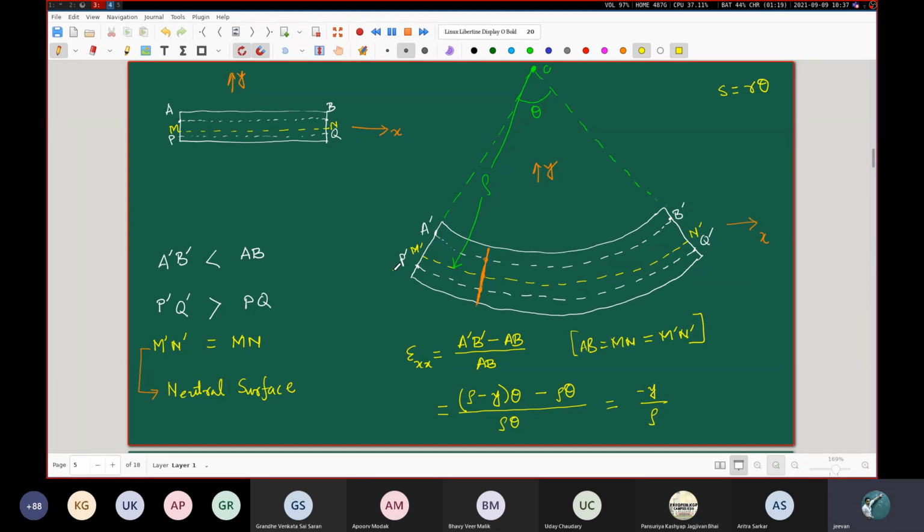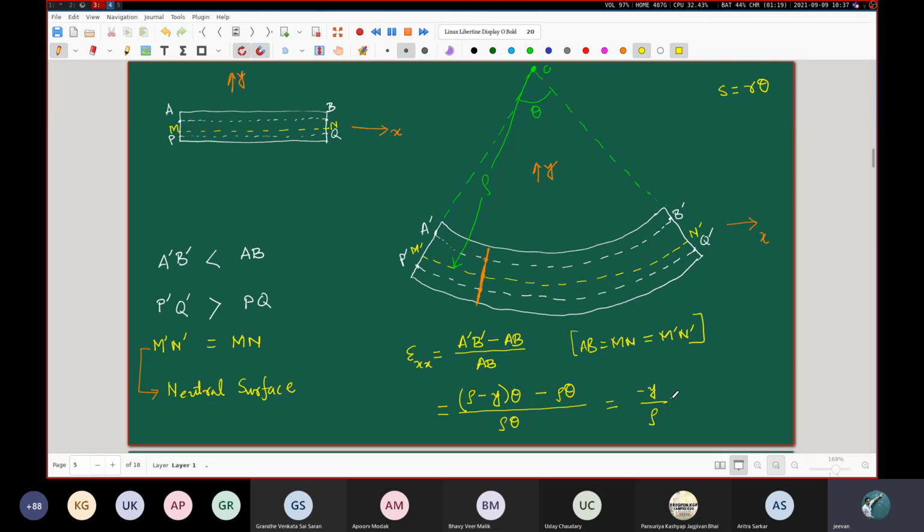Okay, there was absolutely no mention regarding the nature of the material, meaning that all the discussions that we had yesterday, which ultimately led to this expression that the normal strain along the x direction turned out to be equal to the negative of the y location of that particular point which we are concerned with, divided by the radius of curvature, this entire expression remains valid whether the material is homogeneous or not homogeneous, meaning, as a special case, it's a composite beam.